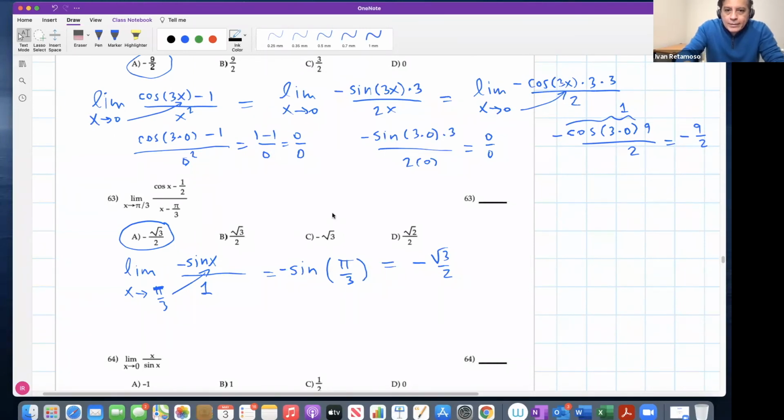Here it is, the unit circle sheet, for everyone. You can get it from there, the unit circle with the values of sine and cosine in exact form.